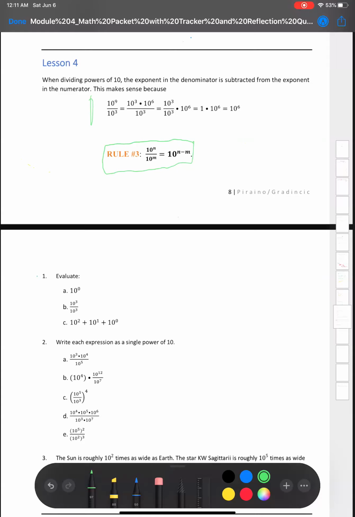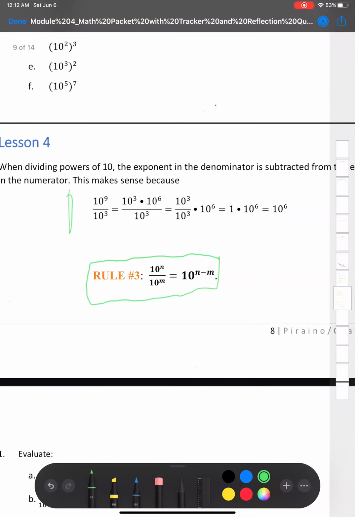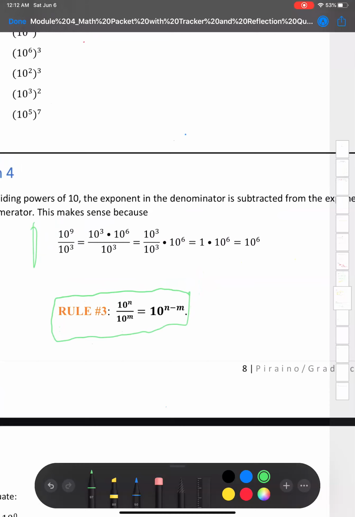It says, when dividing powers of 10, the exponent in the denominator is subtracted from the exponent in the numerator. This makes sense because 10 to the 9th divided by 10 to the 3rd, this is just our sample problem, is equal to 10 to the 3rd power times 10 to the 6th power divided by 10 to the 3rd power.